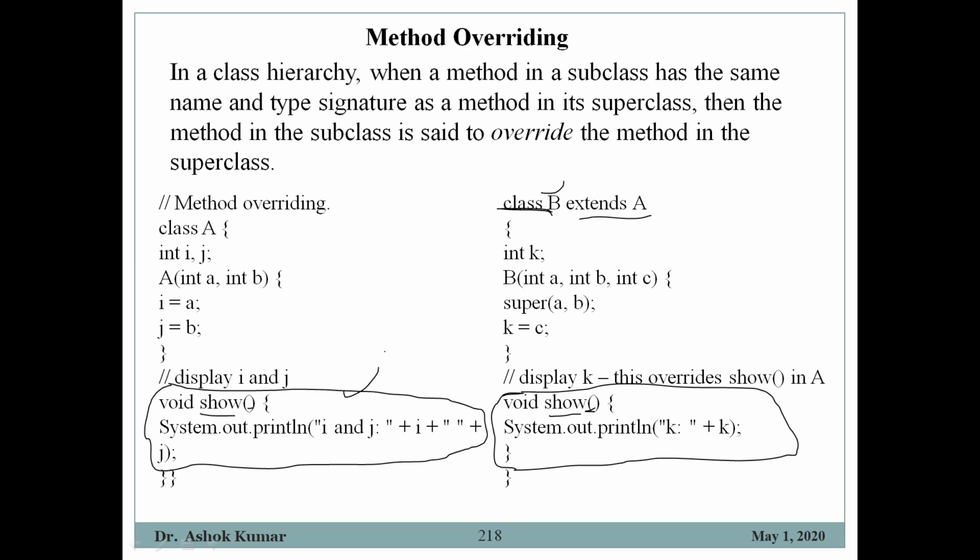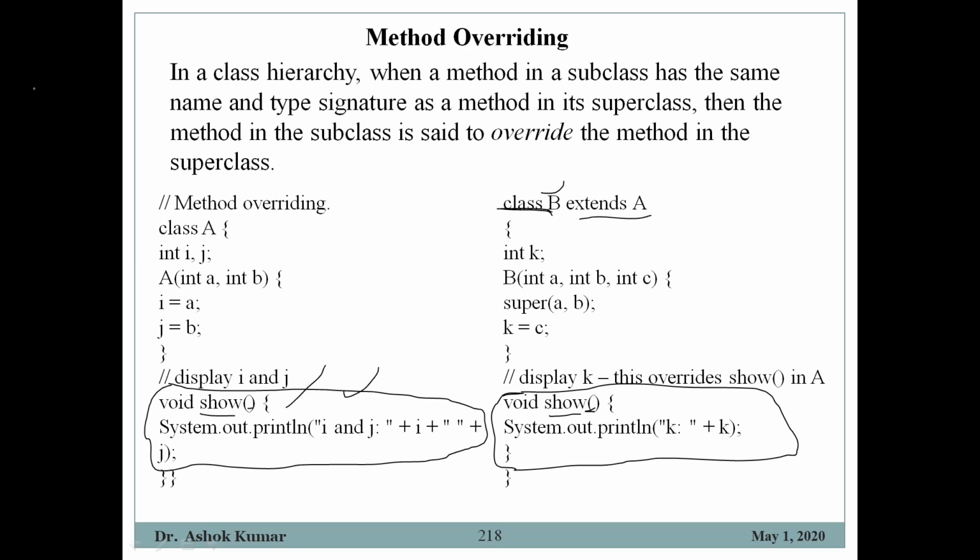That means if you call the method show with the subclass object, then the subclass show should be called, and show of the superclass should not be called. So in that case, we perform method overriding. I repeat, whenever you want the particular definition of the superclass to be overridden by the subclass method, we perform method overriding.